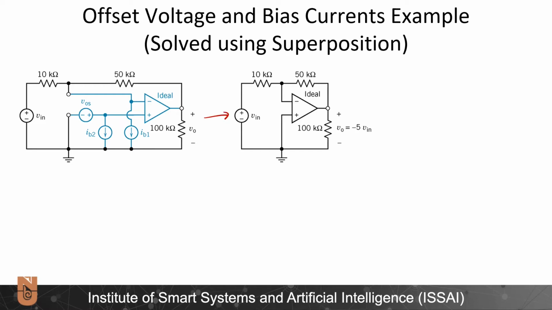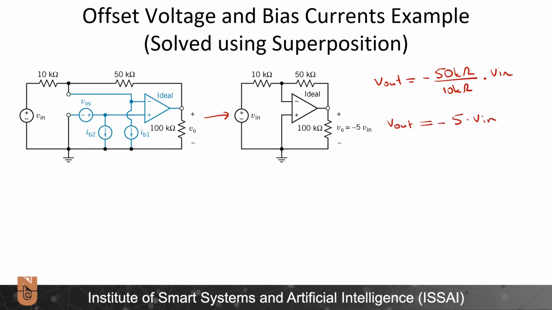And this circuit is in the regular inverting amplifier topology, and Vout is minus 50 kilo ohms divided by 10 kilo ohms times Vin, and accordingly Vout is minus 5 times Vin.